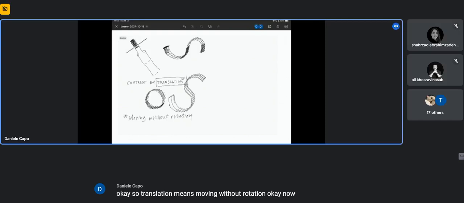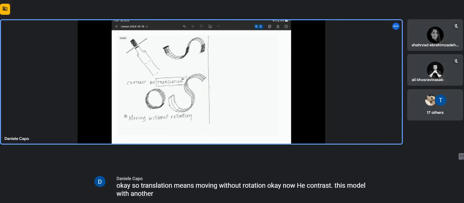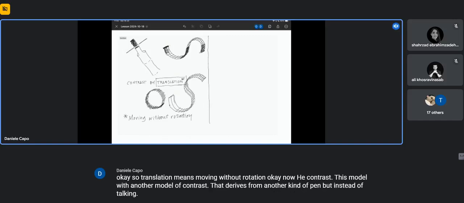Now he contrasts this model with another model of contrast that derives from another kind of pen. But instead of talking directly about this, I will show you some images from the late 18th and early 19th century.